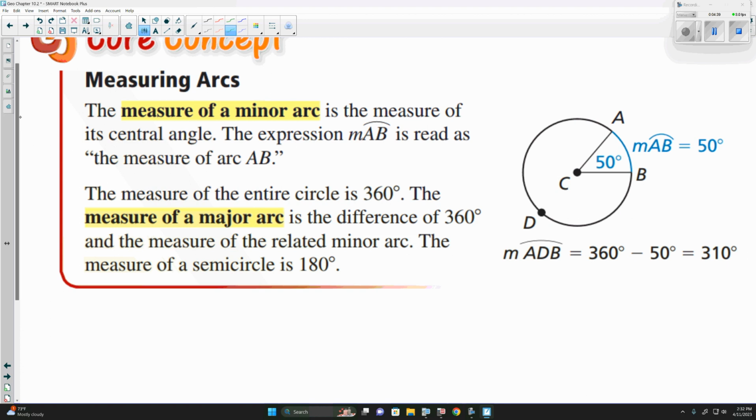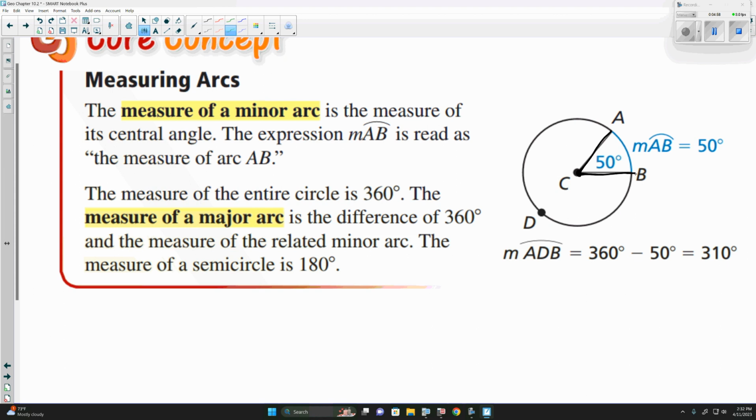A central angle is an angle formed by 2 radii. So the measure of the central angle is the same as the measure of the arc. So the arc AB is 50 degrees because its central angle is 50 degrees.